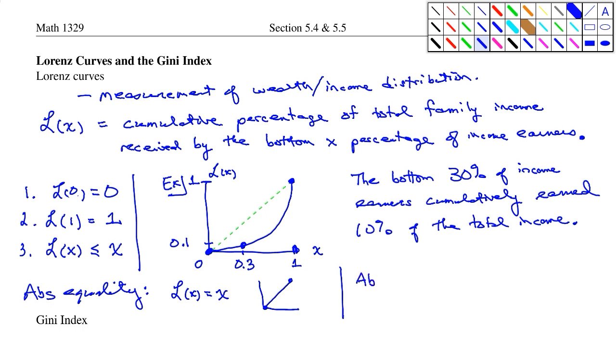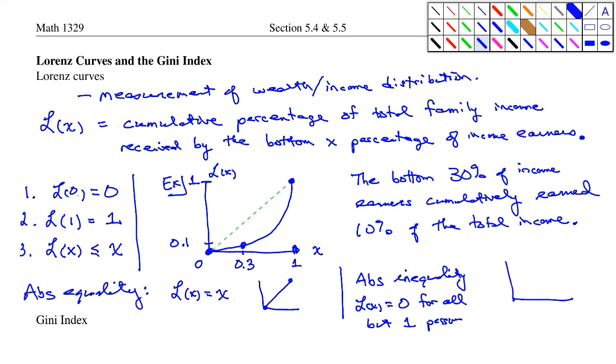The opposite end of that is absolute inequality. In absolute inequality, L of x is equal to 0 for all but one last person who owns everything.